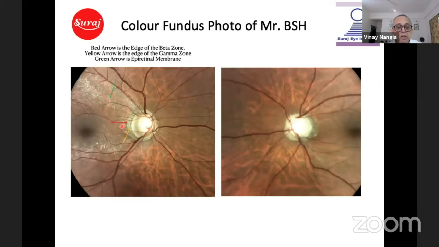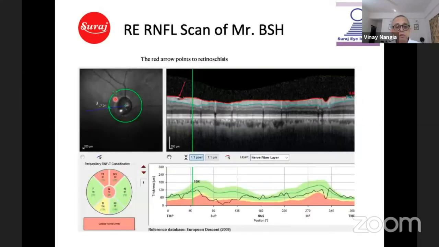The red arrow indicates the border of the so-called beta zone, the green the border of the gamma zone, and you can see the presence of an epiretinal membrane in this patient, which is quite common in such patients. And then this is the retinal nerve fiber layer showing thinning superiorly. And what is really important is this area that I will show you in the next photograph.